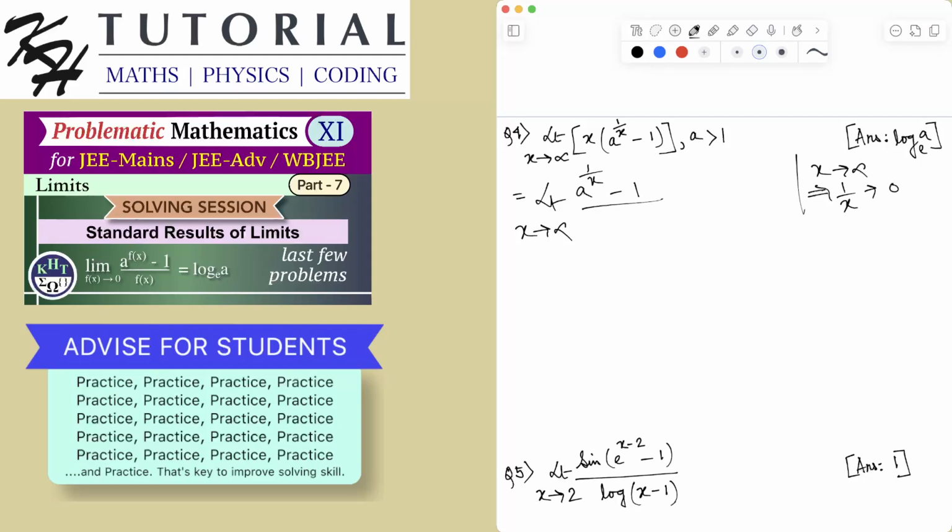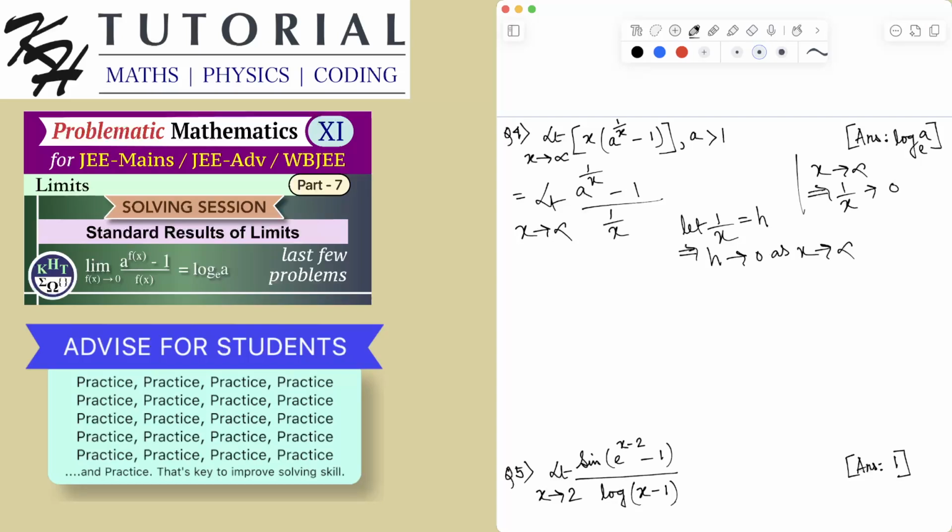Let's rewrite x as 1 by 1 by x. Now I can do substitution: let 1 by x be equal to h. This will imply h will tend to 0 as x tends to infinity.